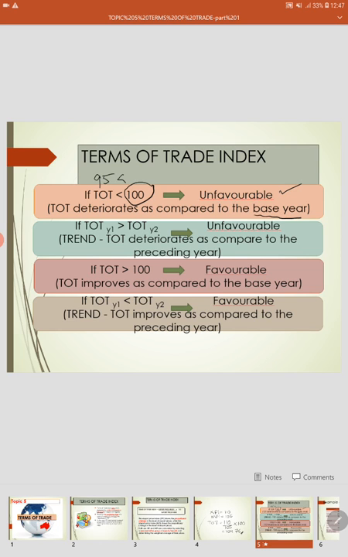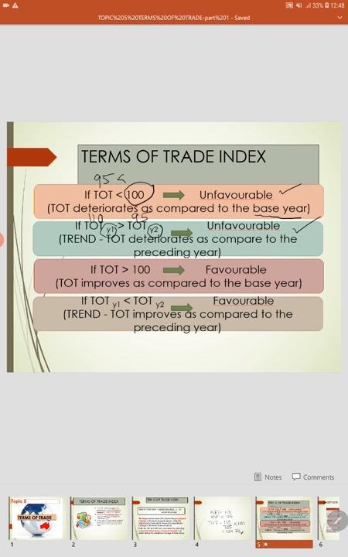If you have 2 continuous years, like year 1 and year 2, and you want to compare TOT for year 2 with year 1, say year 1 is 110 and year 2 is 95, then the year 2 TOT is lesser than year 1. In this case, terms of trade is unfavorable, or it deteriorates compared to the year before.